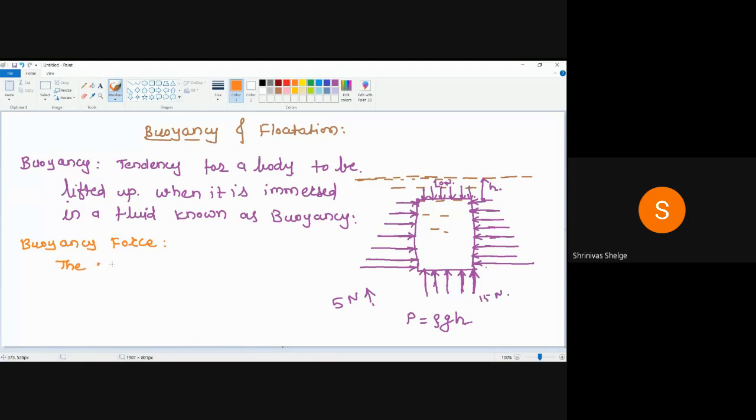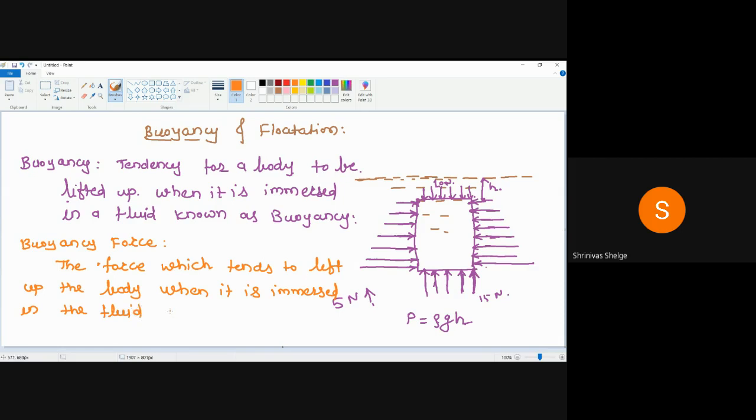The force which tends to lift up the body when it is immersed in the fluid, partially or fully.